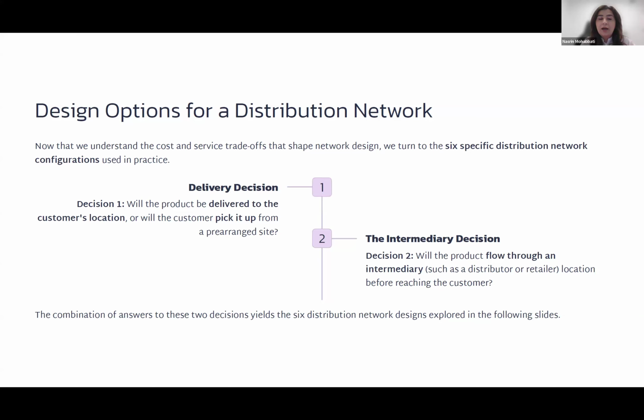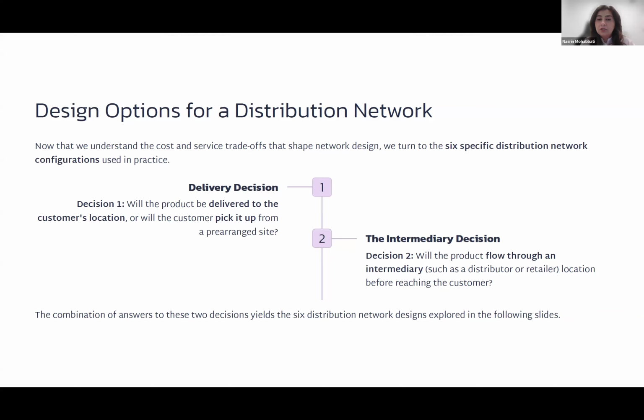So in order to actually create any of these designs, we have to answer two questions. First of all, will the product be delivered to the customer location, or customers are supposed to pick it up?